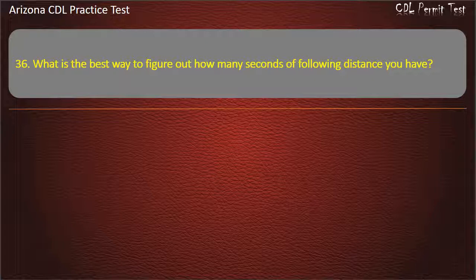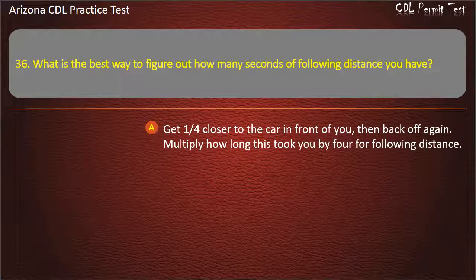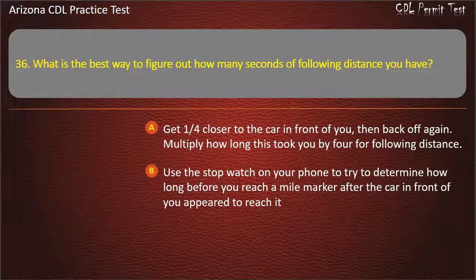Question 36. What is the best way to figure out how many seconds of following distance you have? Get 1/4 closer to the car in front of you, then back off again. Multiply how long this took you by 4 for following distance. Use the stopwatch on your phone to try to determine how long before you reach a mile marker after the car in front of you appeared to reach it.